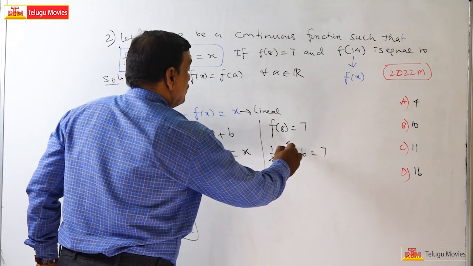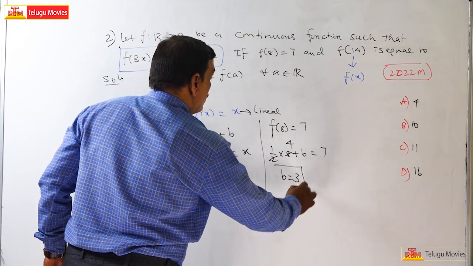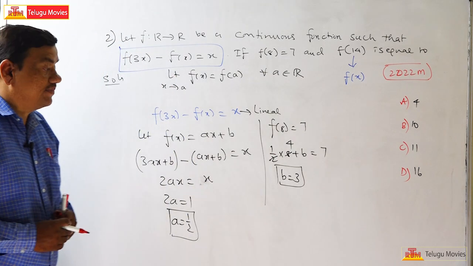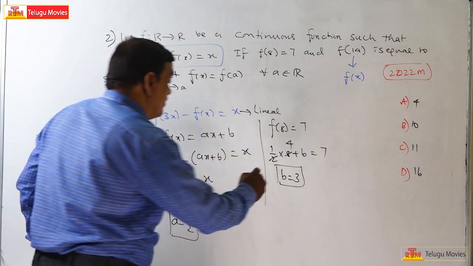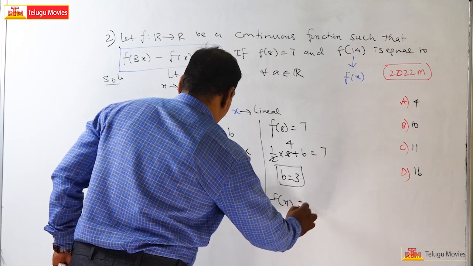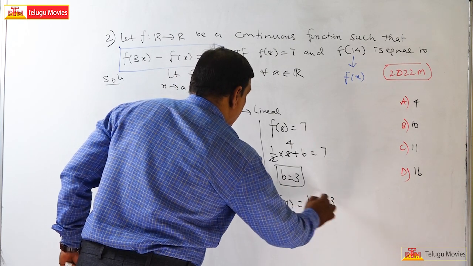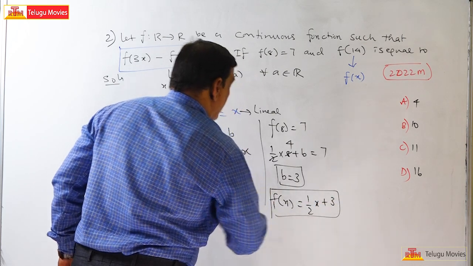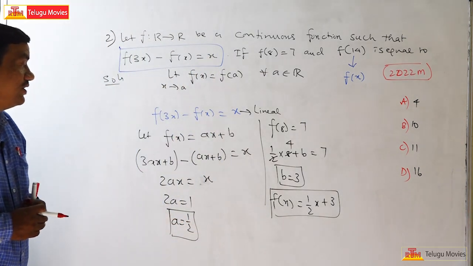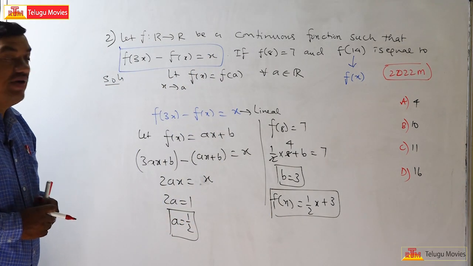So 2 fours are 8, 4 plus b is 7, therefore b is equal to 3. So the required function is f of x is equal to 1 by 2 x plus 3.